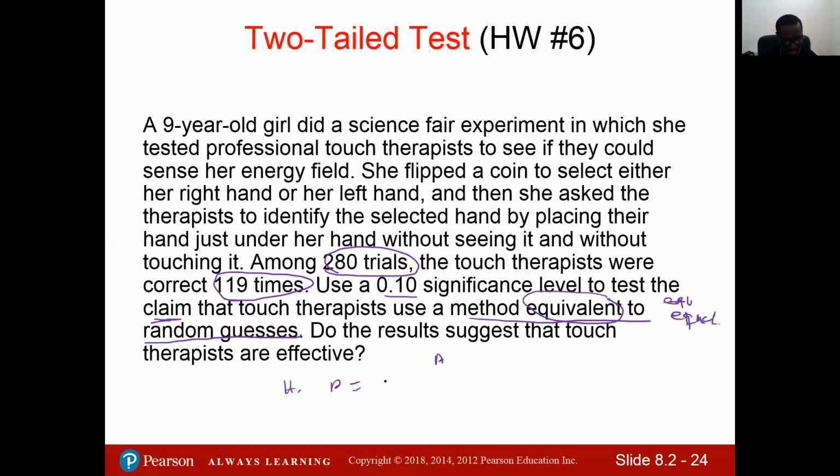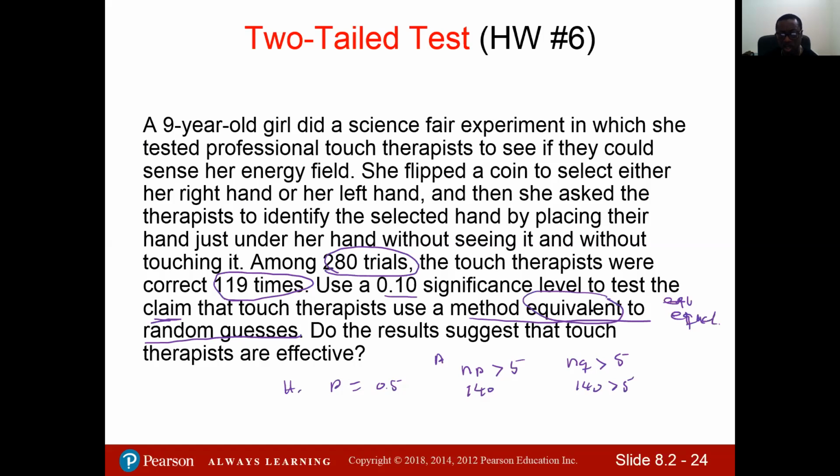Your p in this case is 0.5. 0.5 times 280 is 140. So np is definitely greater than 5, since you get 140. And nq is also greater than 5, because you get 140. And so it satisfies all three requirements.